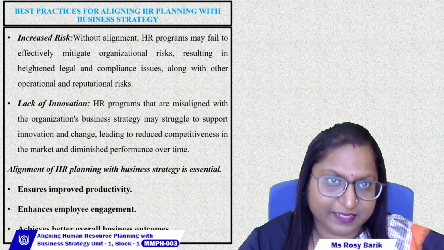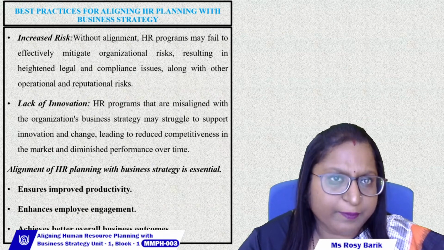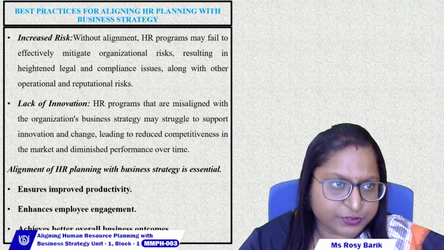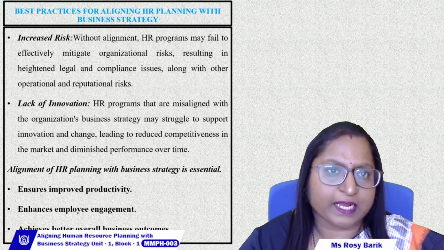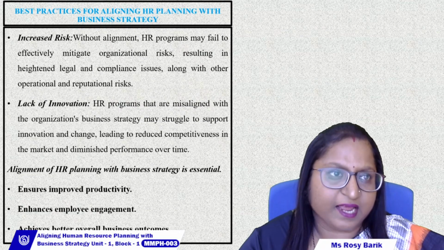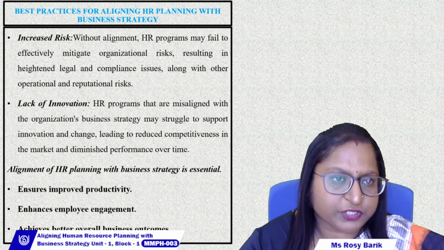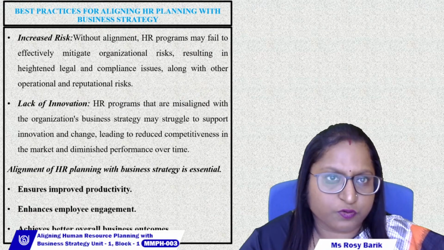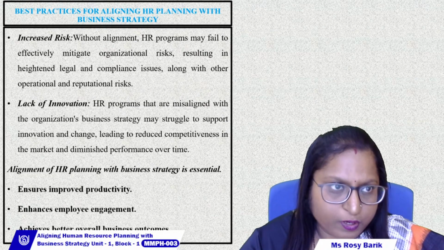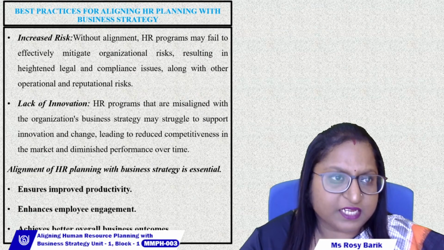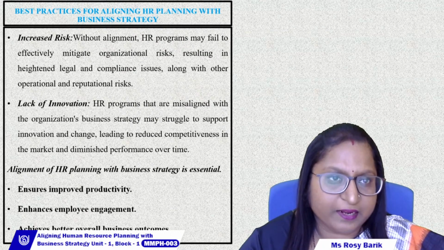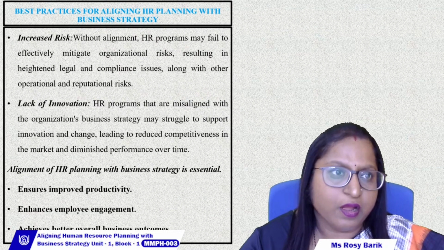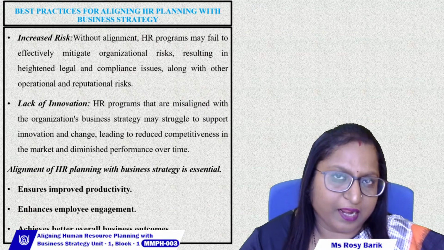And increased risk, as we know that HR programs without alignment may fail to effectively mitigate organizational risks, resulting in heightened legal and compliance issues along with other operational and reputational risks. And lack of innovation.